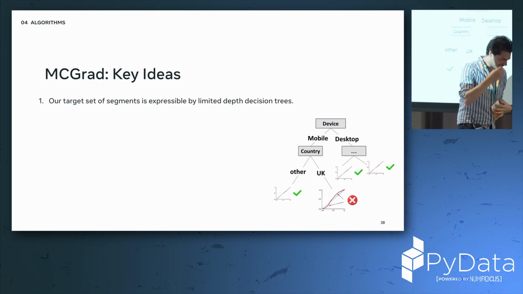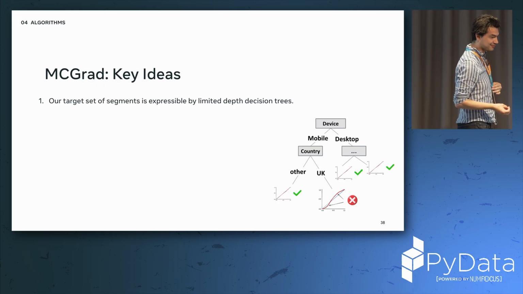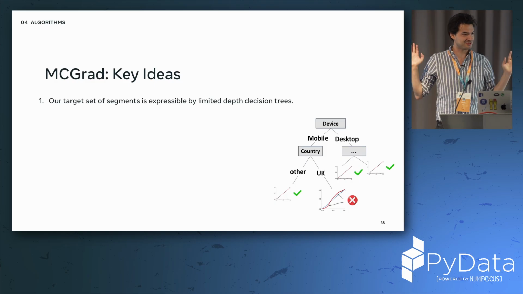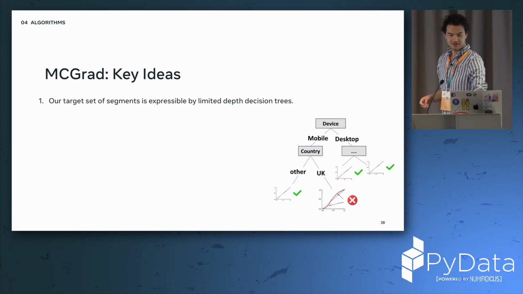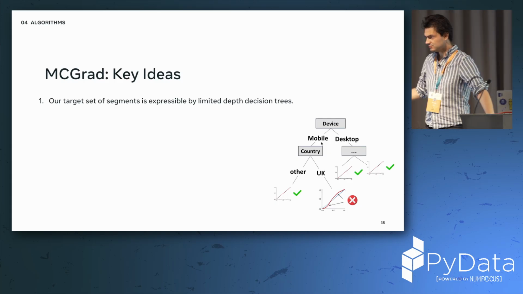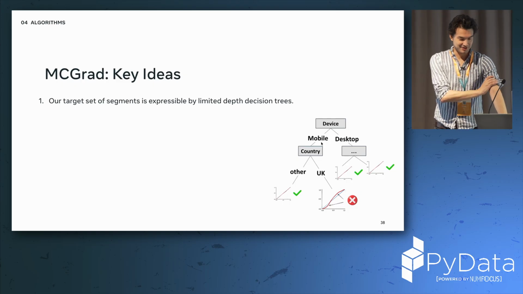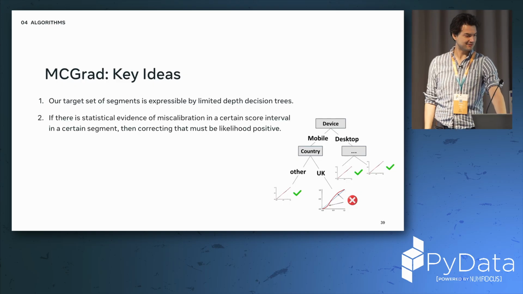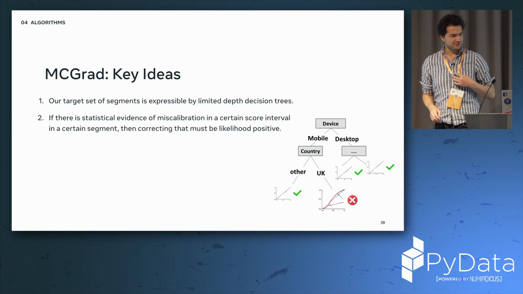So we thought, if we want to get rid of manually having to specify all these subgroups and just give it the features, then there are some interesting ideas in the decision tree area, because they already do some splitting and finding.